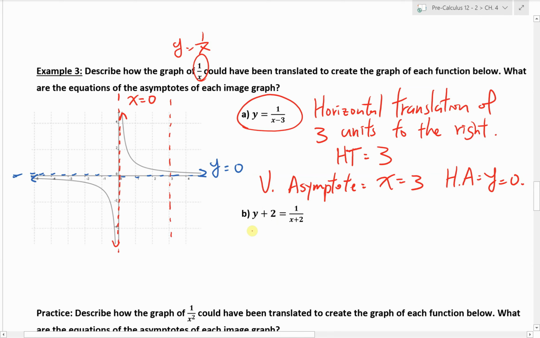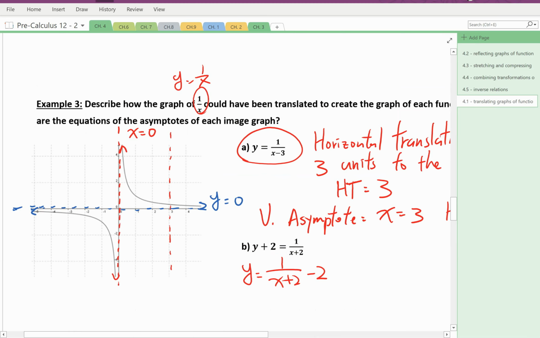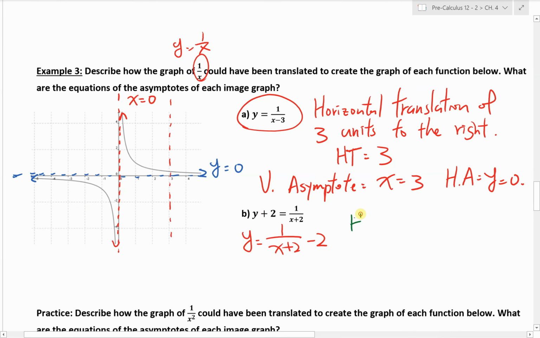So then this becomes y equals 1 over x plus 2 minus 2. So now we can work off from this. We have a horizontal translation because x is being replaced by x plus 2, so this is 2 units left, so HT negative 2. We have a vertical translation, we have a minus 2 here, so same thing, we're moving down by 2.